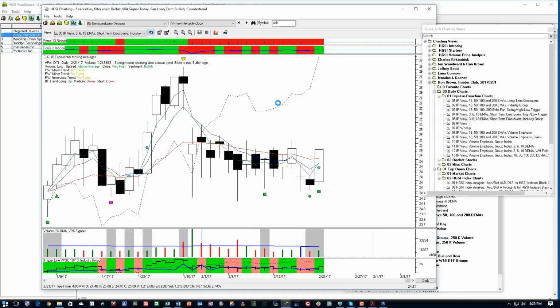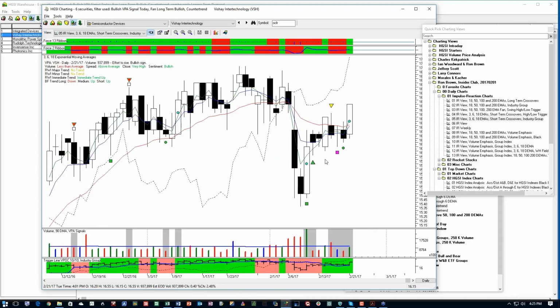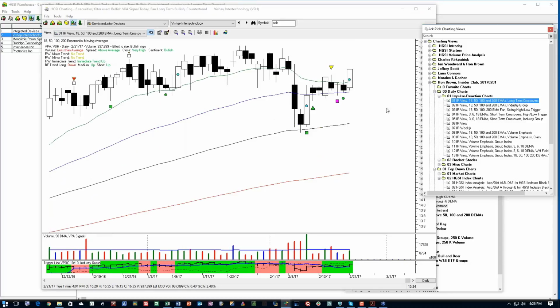I'm sorry, Vishay, not VIPs. Okay, the 3 was down below the 6, but look at this. Today it's turning positive, and we had an effort to rise. The VPOC is positive. The group's moving up. Let's zoom out on this. Another sloppy chart. Why does it pass this screen? If I go back up to this view, it should show that the fan, the long-term fan, is still in effect.